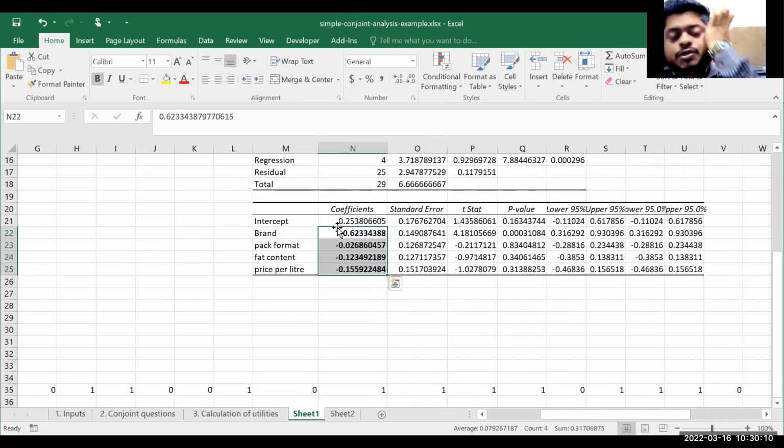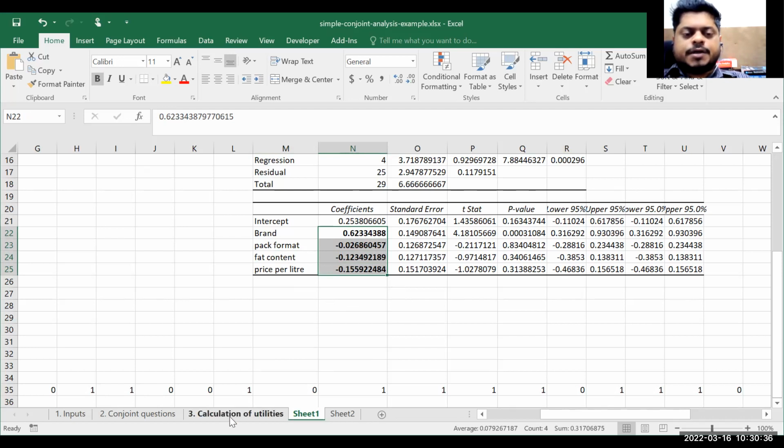What is the coefficient of brand, of pack format, of fat content, of price per liter? We are much more interested in these attributes. So the first part is to understand what each attribute's importance is for the choice of a product selection, right? That part is easy to do.